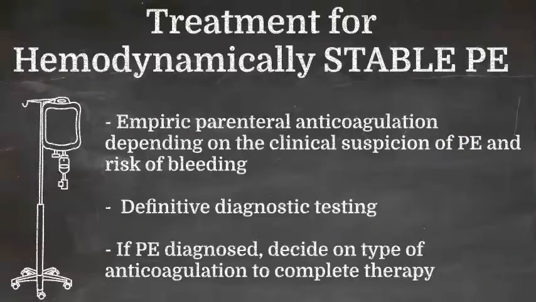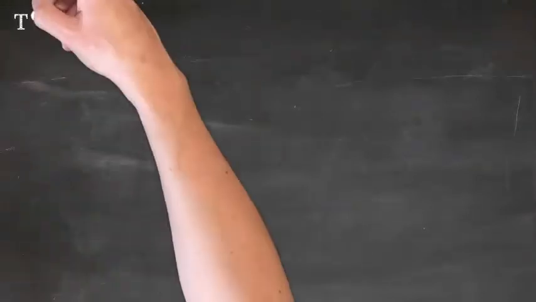So you just give them one dose, send them for their CTPA, and if for some reason it comes back negative, then definitely you don't continue anticoagulation. But if it comes back positive, then you time your anticoagulation appropriately and go from there.